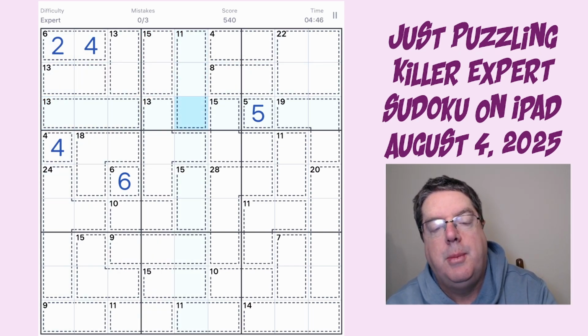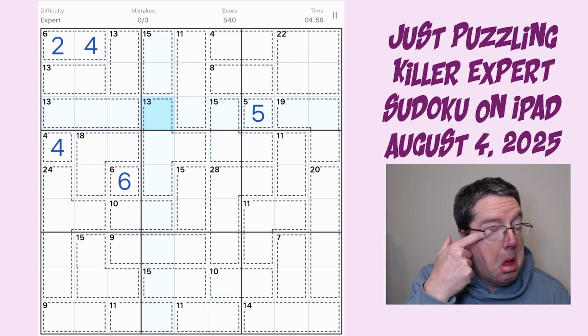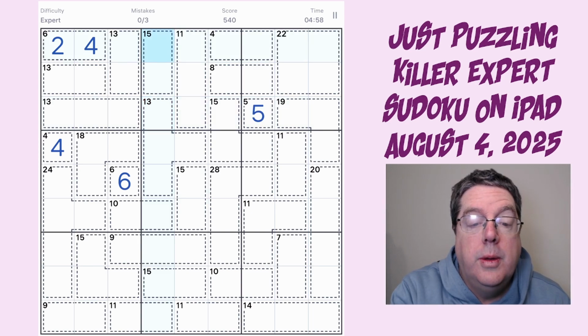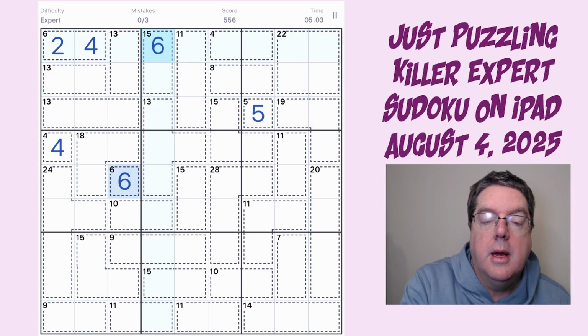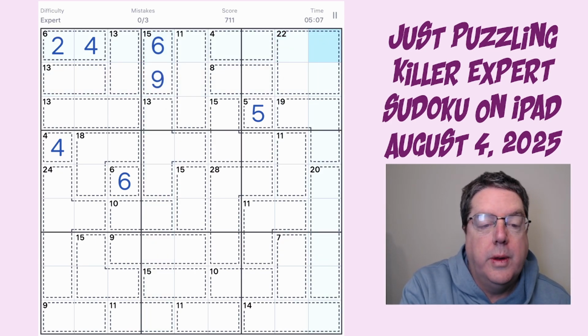Because 9 can't be an 11, because that'd have to be 9, 1, 1, 1 to get to there. Obviously 9's above 4 and 8. And 9 can't be there because it'd be in the same row. So this is 9 and 6. Because I know this is 6 and 7, this is going to be the 6 here. And this will be the 9 here. What that also means is 9 is one of these two.